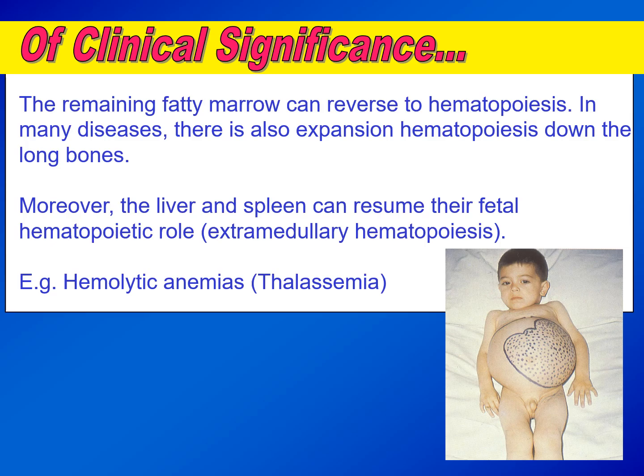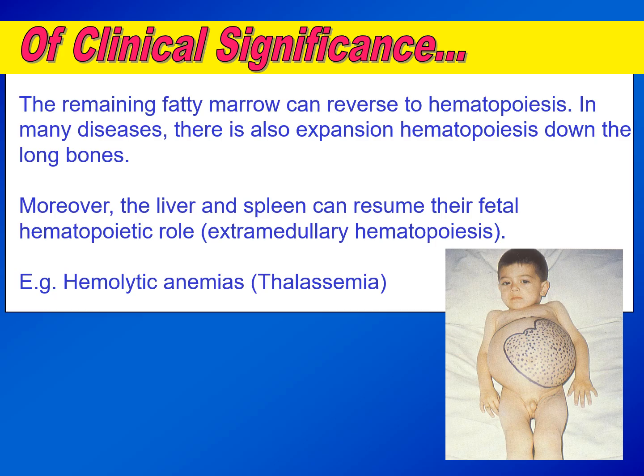We should always remember that the bone marrow fat may decrease when there is excessive requirement for hematopoiesis in various types of diseases, such as in patients who have hemolytic anemia. There is expansion of hemopoietic elements in the bone marrow, and this may expand the bone marrow space.